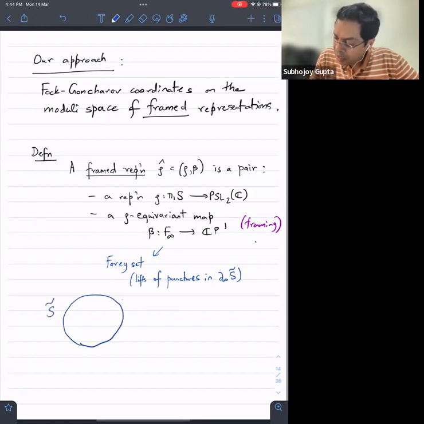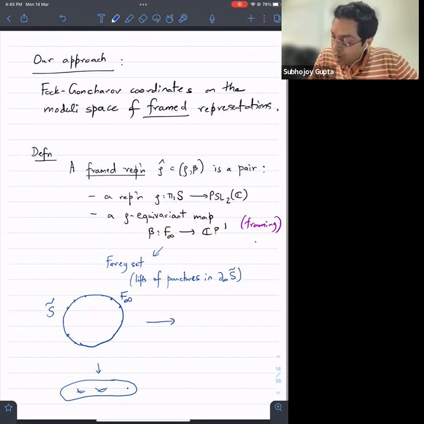Again, you can fix a reference hyperbolic metric of finite volume if you like. I won't draw that, but here's the punctured surface, and the lifts of the punctures will be ideal points in the ideal boundary of S tilde, which you can identify with H2 if you like. So the Farey set F infinity lives here.